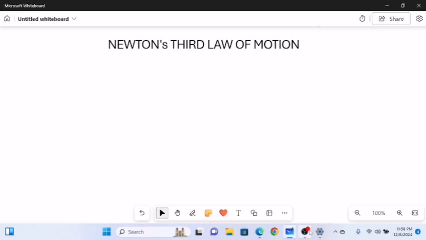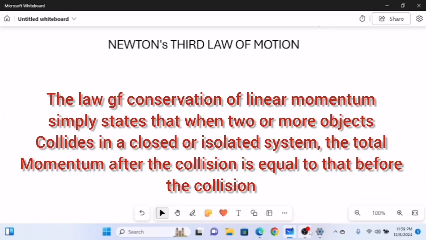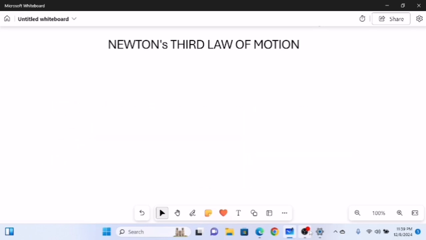What then is the law of conservation of linear momentum? The law states that if two or more bodies collide in a closed system, the total momentum after the collision is equal to the total momentum before the collision.